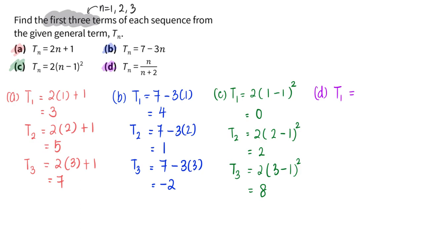So now my n is equals to 1. Oops. So it's 1 over 1 plus 2. This will give me 1 over 3, 1/3.